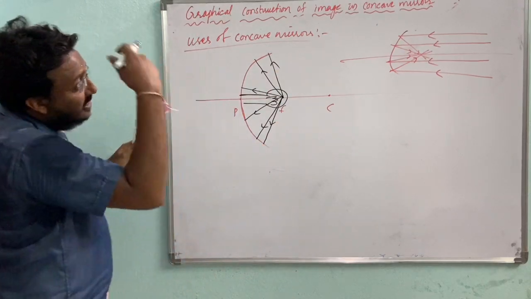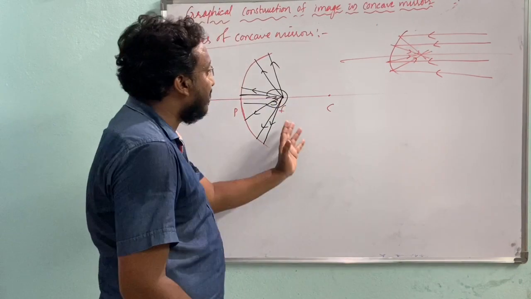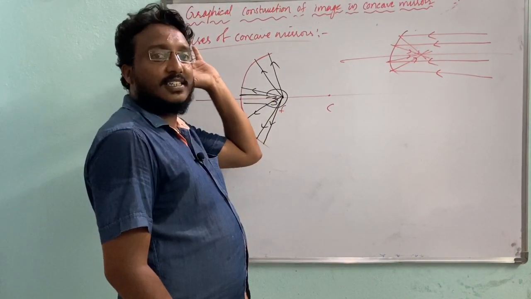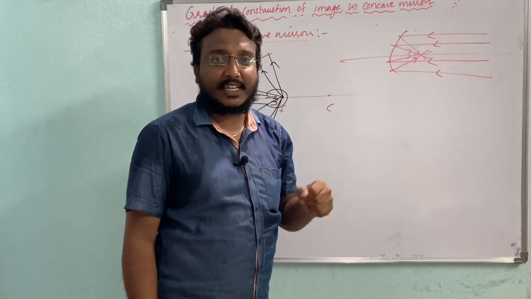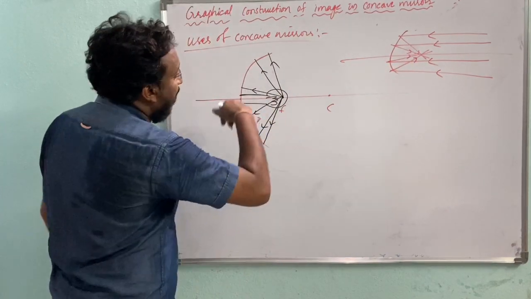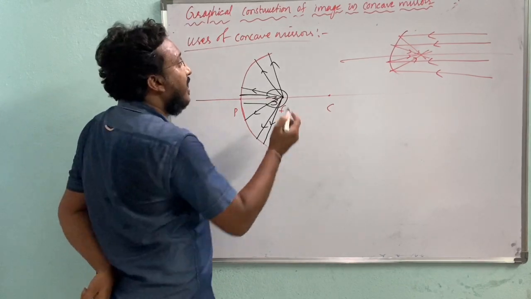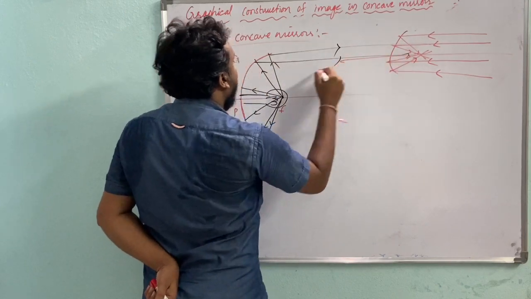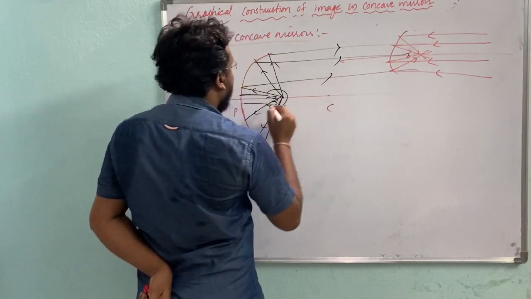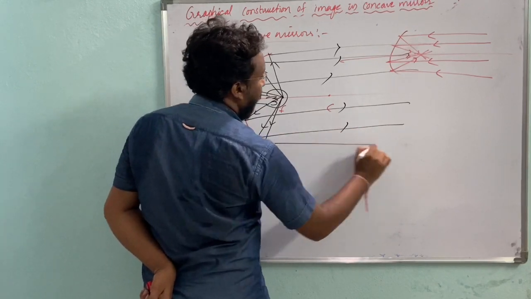Now use the second rule. If incident rays pass through the focus, after reflection the reflected rays are parallel to the principal axis, isn't it? You can apply that here. All incident rays are coming from the focus, so after reflection the reflected rays are parallel to the principal axis. Have you understood or not? This is the fourth use.